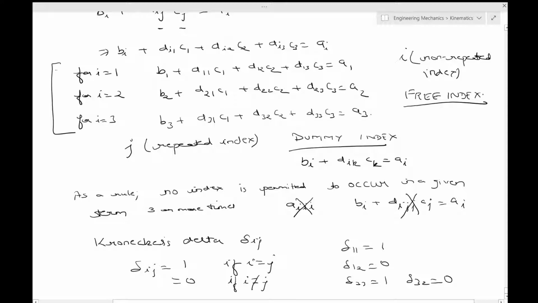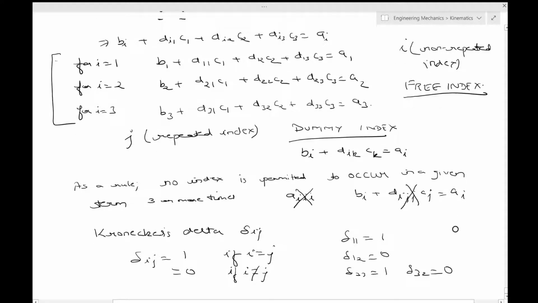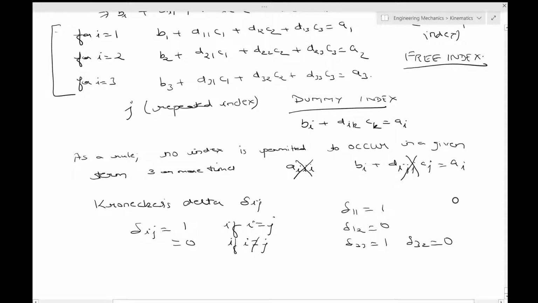Okay, this delta ij also shows the dot product between the two unit vectors along directions. For example, e_i dot e_j is very commonly written as delta ij. Why?